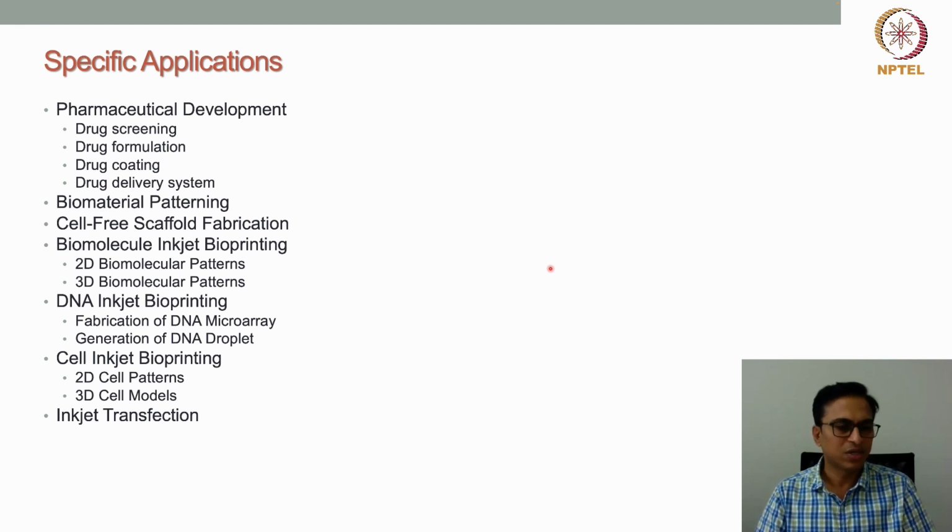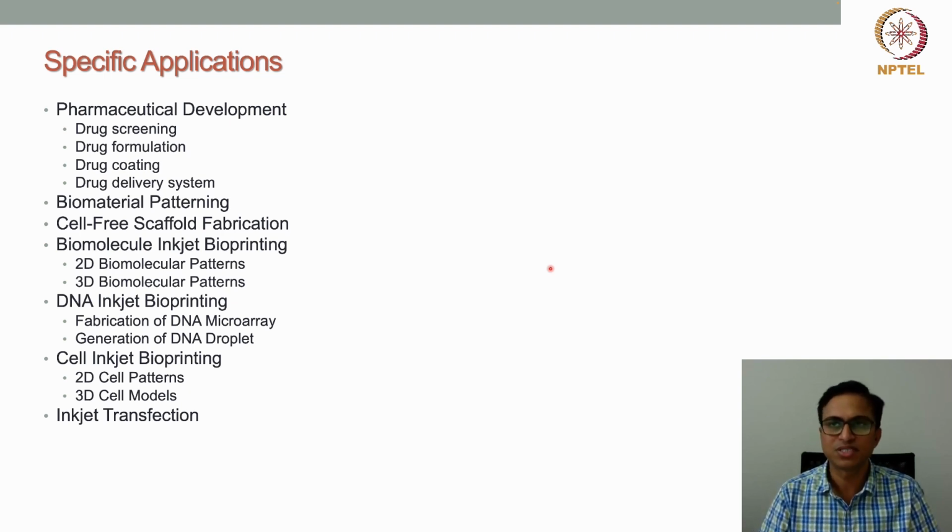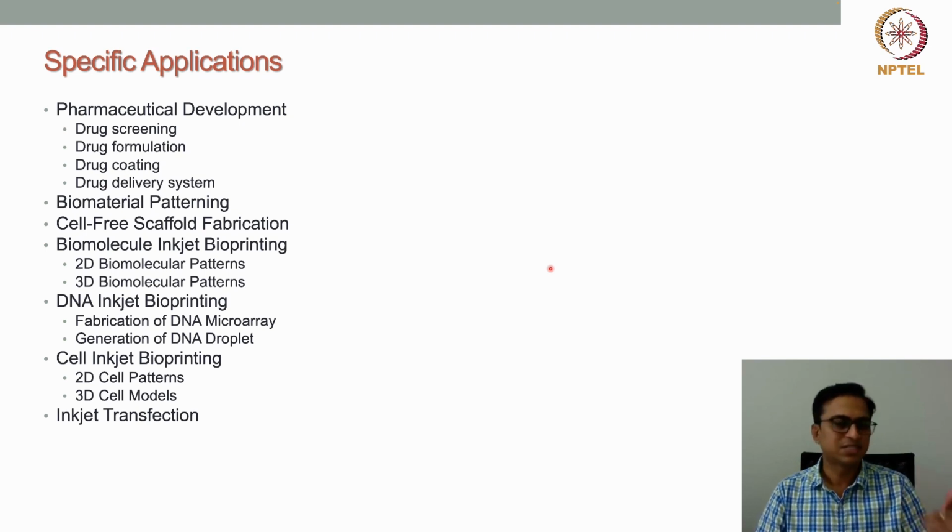And then of course, for cell inkjet bioprinting, inkjet bioprinting is very popular for cell printing, because the first thing is that this is a non-contact method. It's a drop-on-demand technology. So there is less chance of contamination, and different cells can be patterned in different ways.